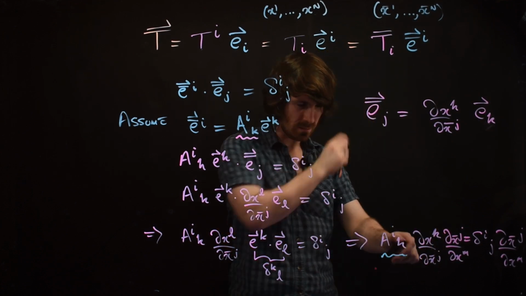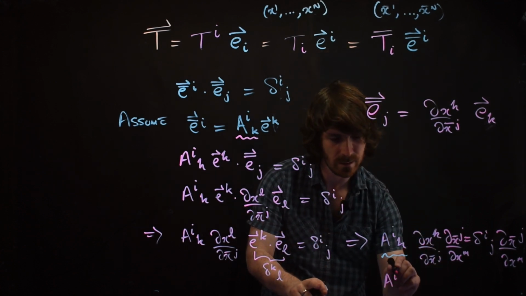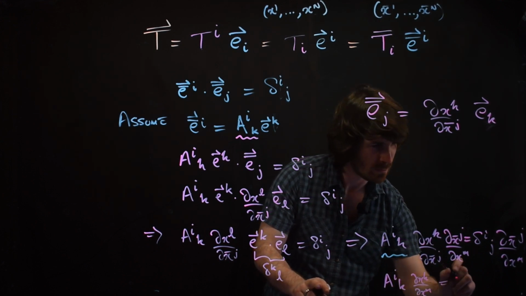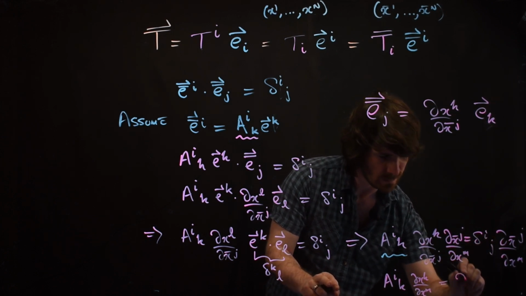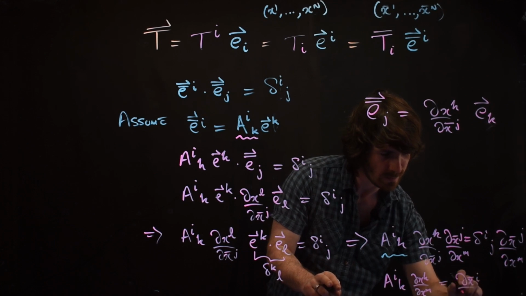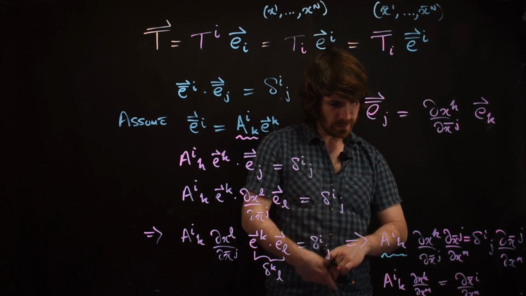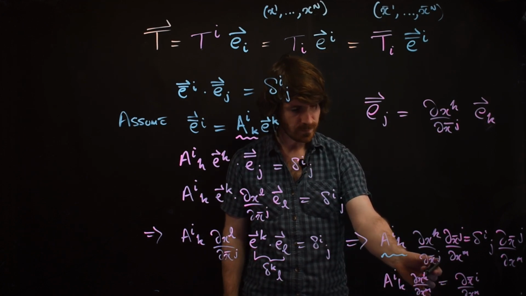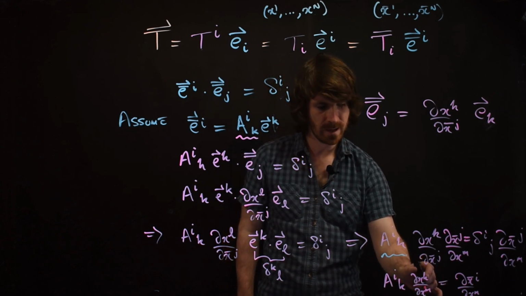This is the chain rule, so this becomes a^i_k dx^k by dx^m equals, with i and j the same, dx bar i by dx^m. And the partial derivative of one coordinate with respect to another, both unbarred, gives us a delta km.